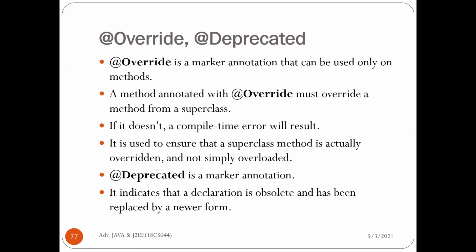When a new version of a function or an annotation or a class is declared, the older versions should be removed. But in large applications, they will not be removed. Instead, they will be marked as deprecated. Deprecated means it is an older version, it is no longer in use, and the newer version should be used.